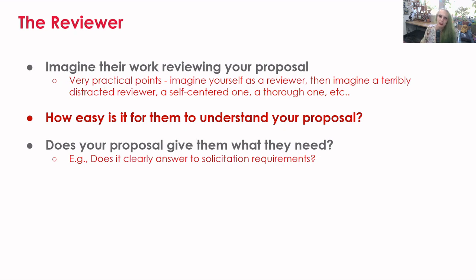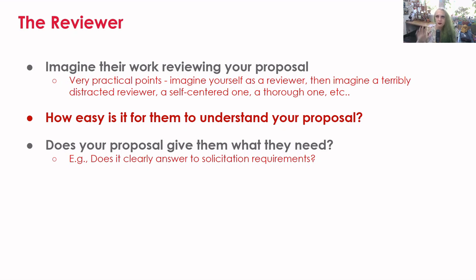Now, this is a little different from the idea of pleasing the reviewer or getting the message through. The idea here is, does it clearly answer the solicitation requirements and the requirements that that reviewer has in relation to the sponsor?